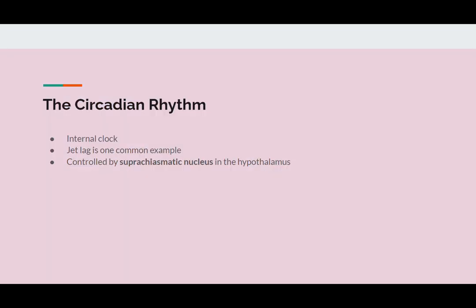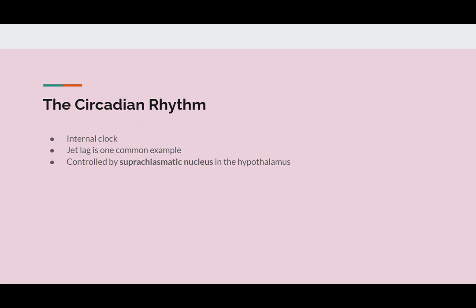Sleep and dreaming alter consciousness as a part of the spontaneous state of consciousness, and we mentioned the spontaneous state of consciousness in our last video, so please check that out. The circadian rhythm is our internal clock controlling our temperature and wakefulness in a 24-hour cycle. This rhythm lets us know when we feel tired and sleepy.